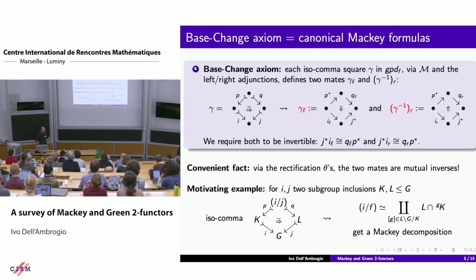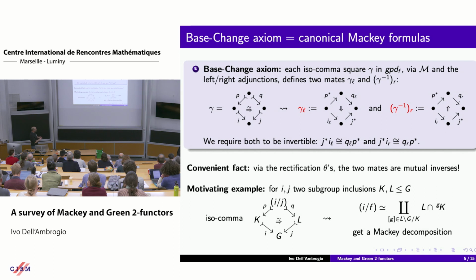Yes, but you can only prove it a posteriori once you know that they actually are invertible. I mean, in the examples, you can say more, but at the axiomatic level, you don't know. But once you have the four axioms, the fourth of which says both are invertible, then you will prove that they are actually mutually inverse.